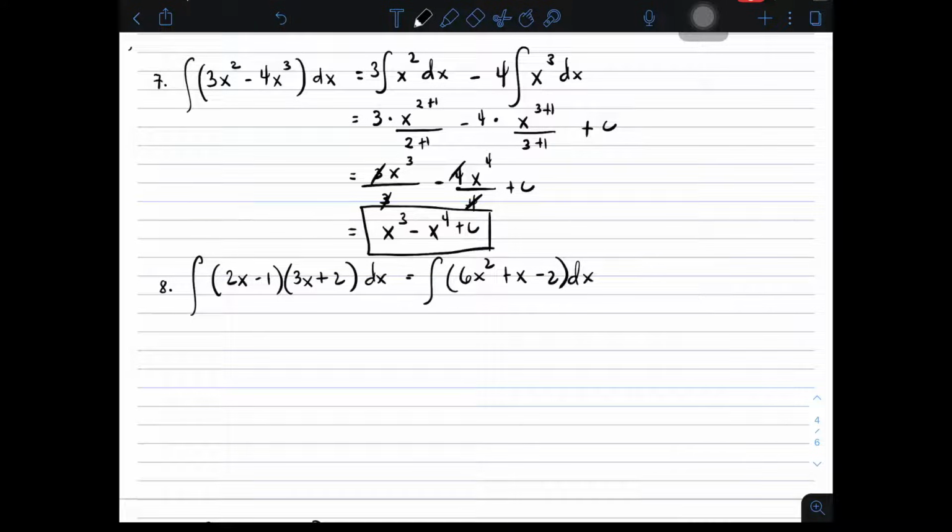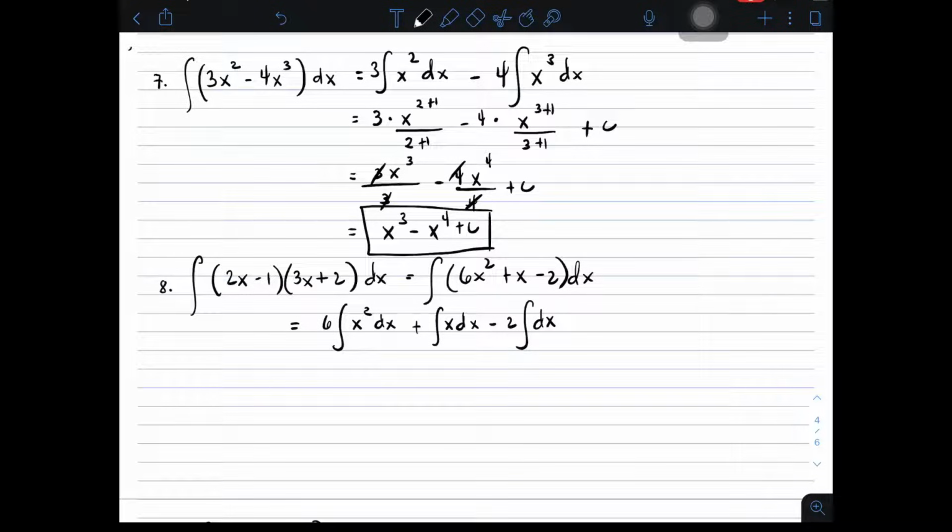Na kung saan, kung mapansin nyo, meron tayo ritong tatlong terms na dapat natin i-integrate. So that is 6 integral of x squared dx plus the integral of x dx minus 2 integral of dx.